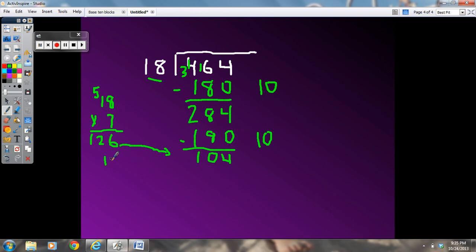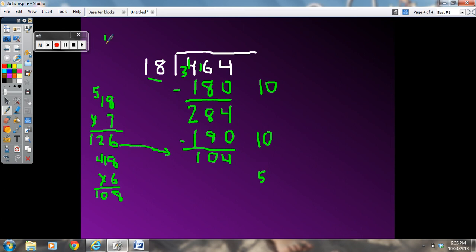So let me try another number. Let me try a number like 6 groups. If I made 6 groups of 18, I now would have used 108 ones blocks. I am not able to make 6 groups of 18 because I don't have 108 ones blocks. I have 104 ones blocks. At this point, I could clearly see that it would be 5 groups of 18.